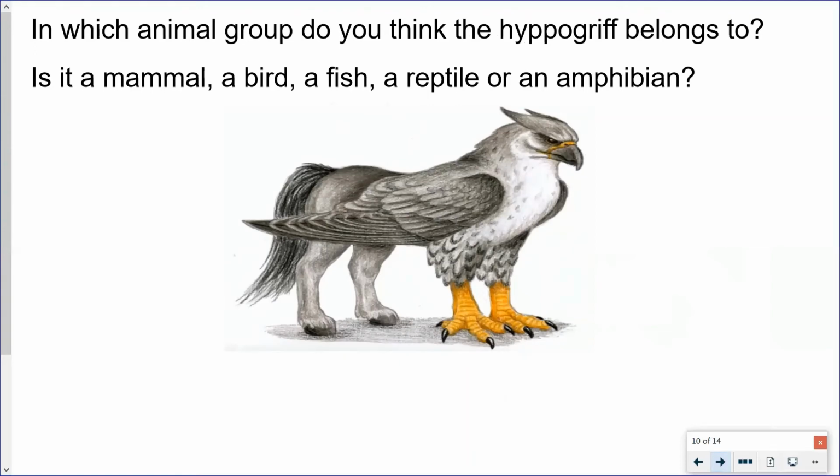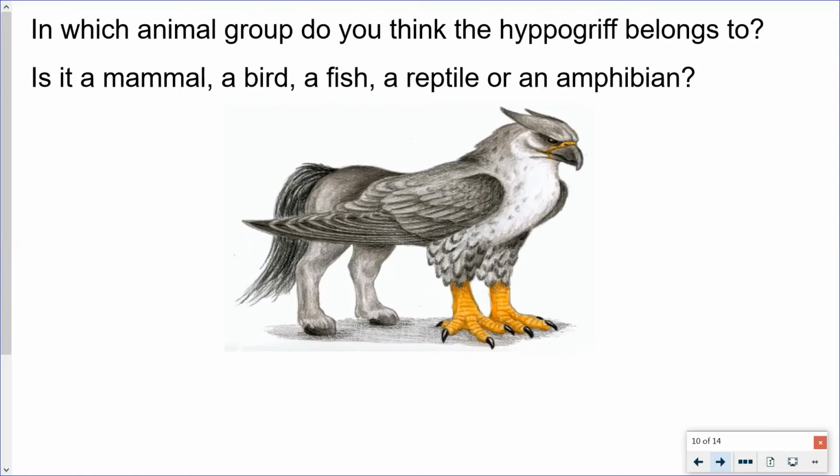Is it a mammal? Is it a bird? Is it a fish, a reptile, or an amphibian? Now think, what kind of animal does a hippogriff look like? I think it's two animals together there. So it could belong in two animal groups.